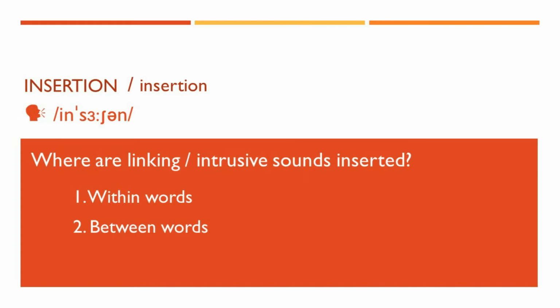It's important to note that we insert sounds both within words and between words. When we talk about the insertion of subtle sounds within words, it's important to note that this can happen between two vowel sounds or a consonant and a vowel sound. Let's now look at some examples of words that we use that include the insertion of these subtle sounds.